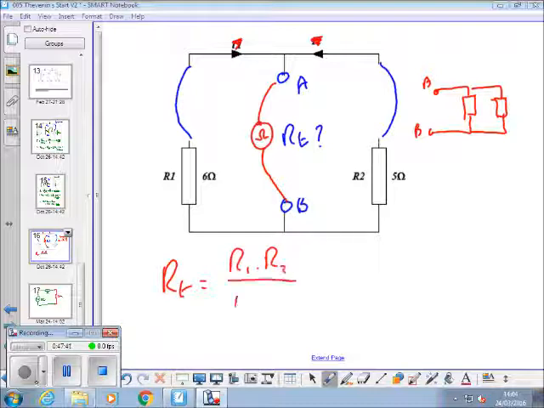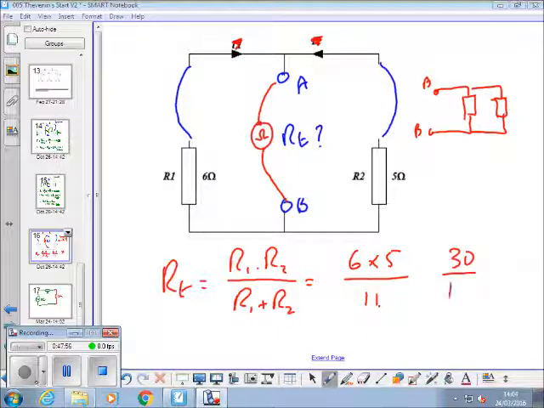Yeah? So our Thevenin's resistance is simply R1 R2 over R1 plus R2. 6 times 5 over 11.